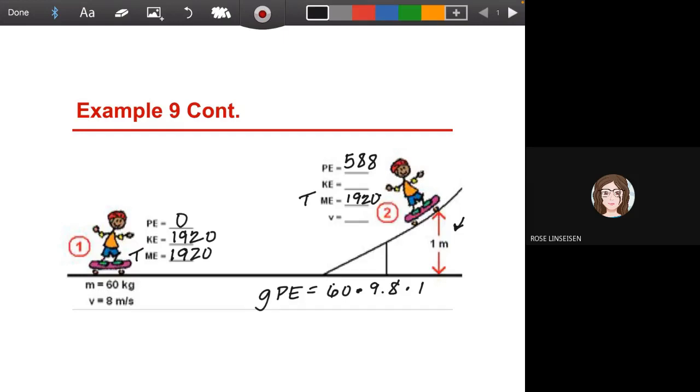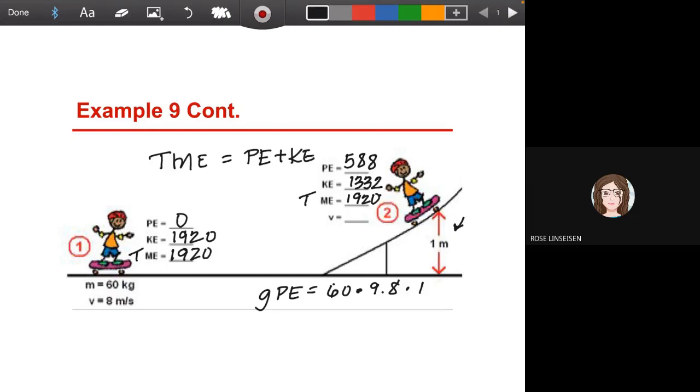And I know that they have total mechanical energy of 1920 joules, which means they've got to have kinetic energy of 1332 joules, because total mechanical energy is my kinetic plus potential. It's addition, doesn't make any difference. Okay, so I just did the math on that.